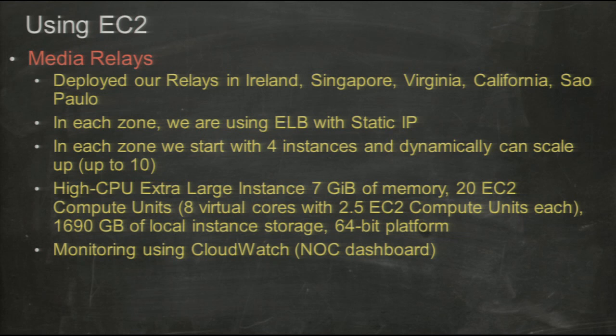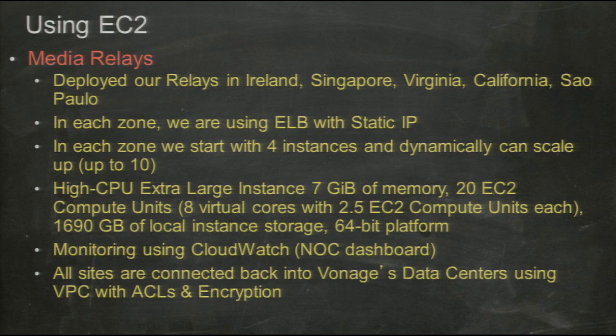For all of that architecture, we are using the CloudWatch monitoring capabilities that are just there. We hook it up into our NOC dashboard so we have real-time alerts, and we can then shuffle traffic from one region to the other as needed.